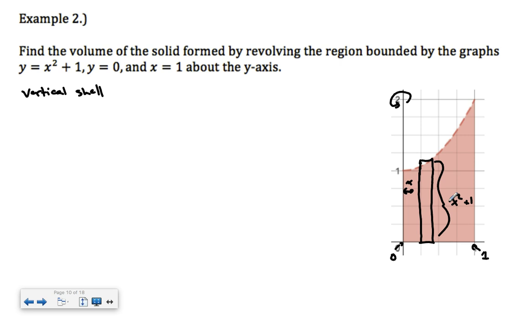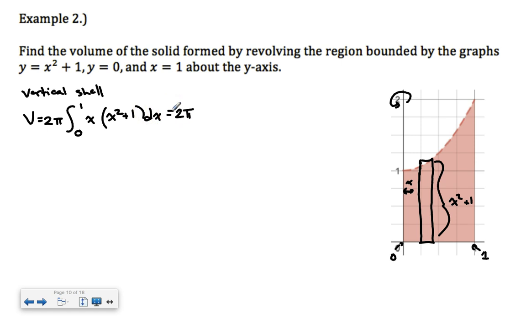From that, I should be able to write my entire volume formula. So volume, using vertical shells, is 2 pi times the integral from 0 to 1, my upper and lower bounds, the radius of the shell, x, times the height of the shell, x squared plus 1, dx. Let's distribute.